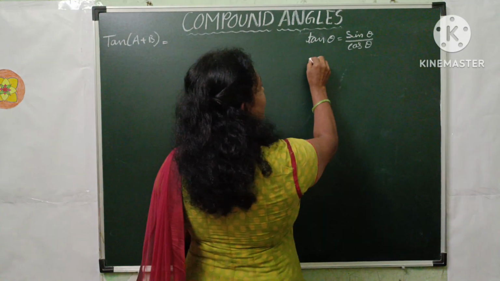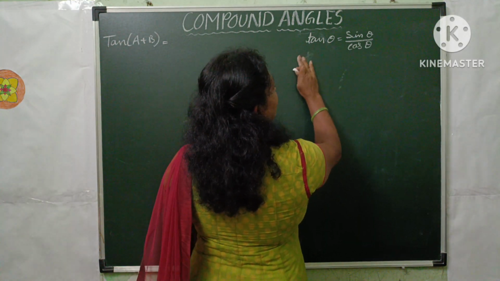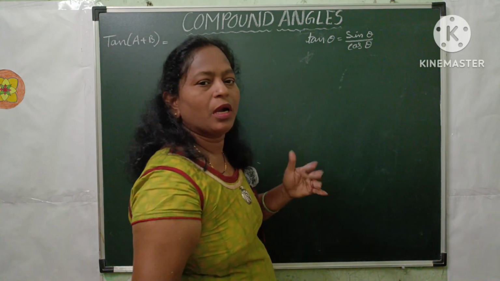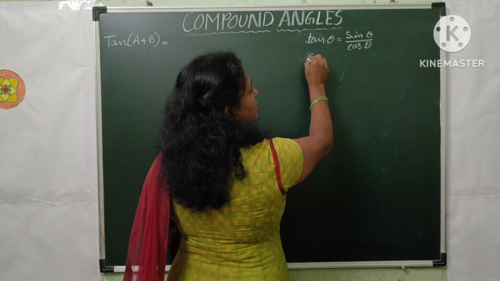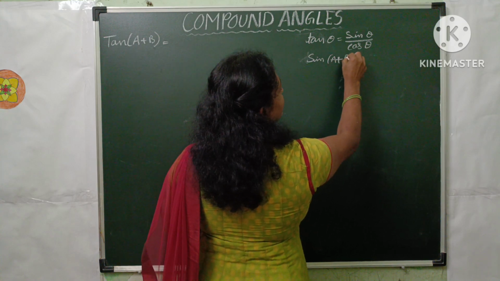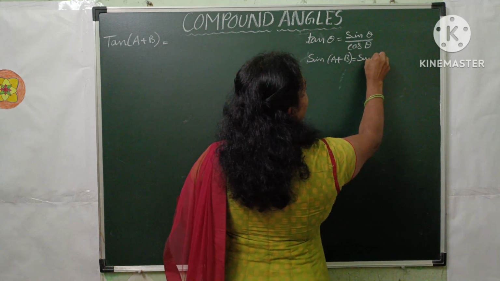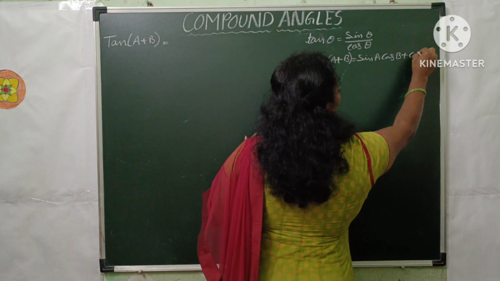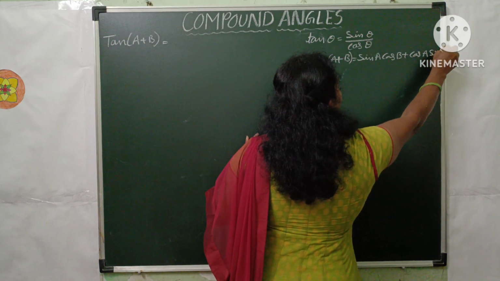So for tan(a plus b), we have to use the sin(a plus b) formula and the cos(a plus b) formula. Already we learned sin(a plus b) is sin a cos b plus cos a sin b.